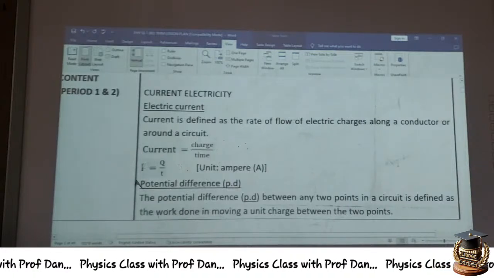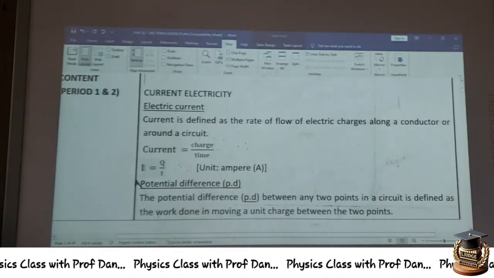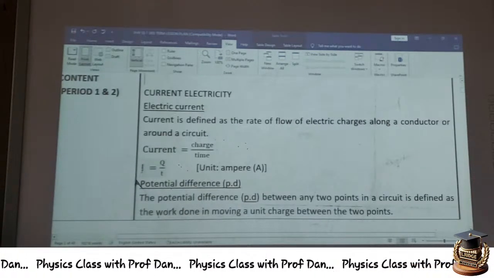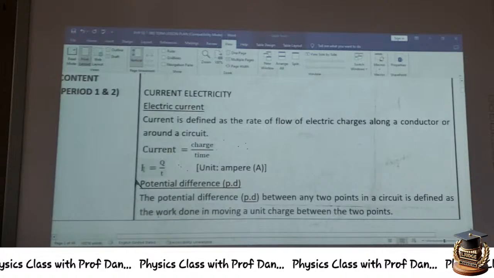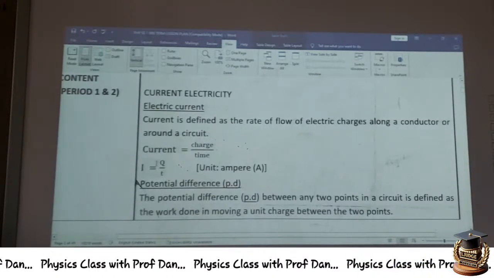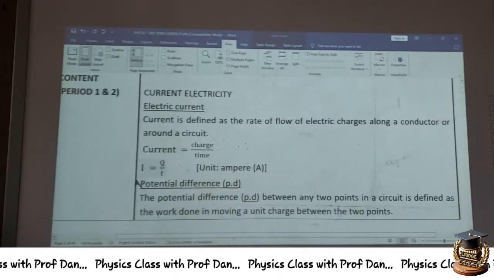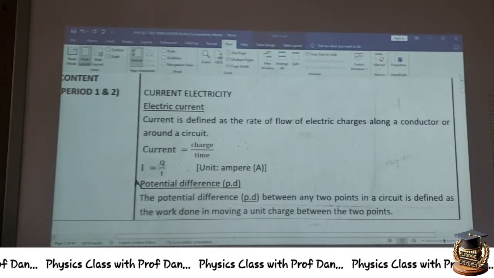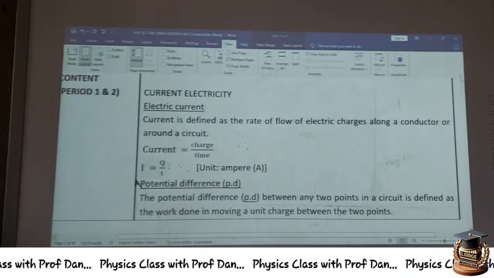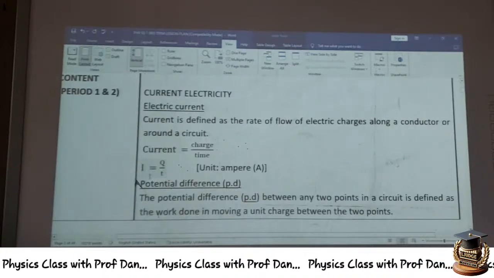Remember in year 10 or SS1 first term, current is one of the fundamental quantities that we stated. Q is charge and T is time. So we can say Q equals IT, if you cross multiply I and T.